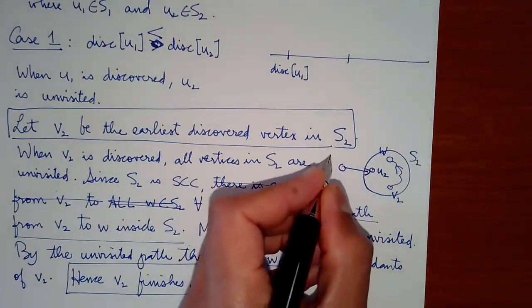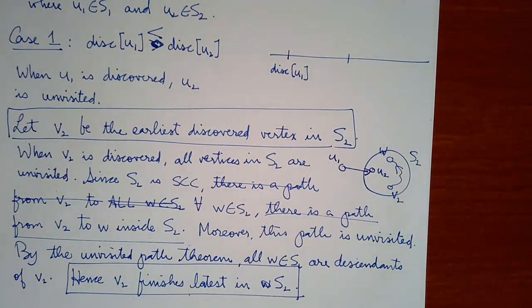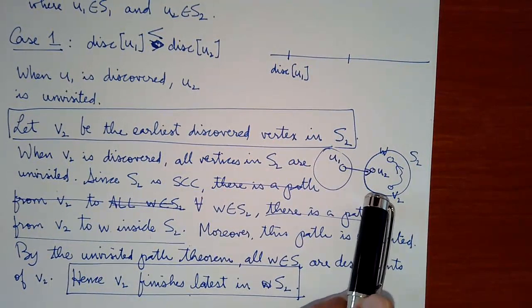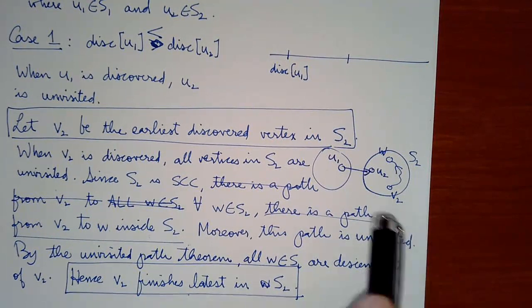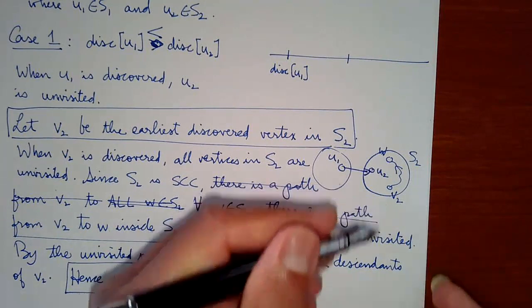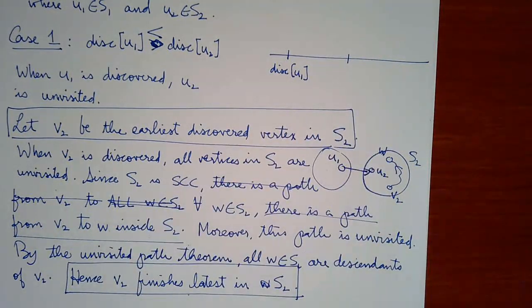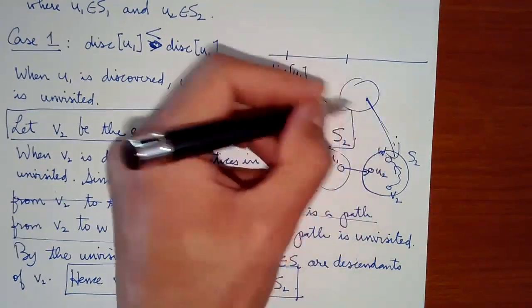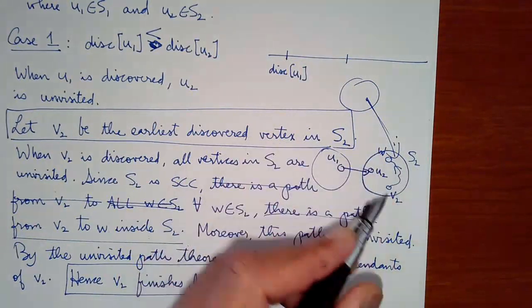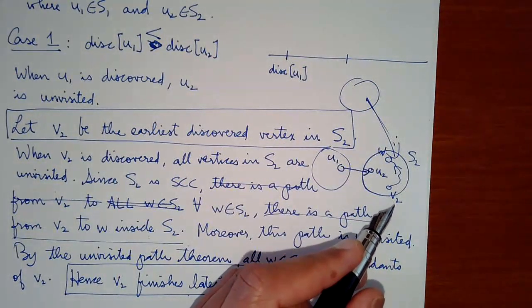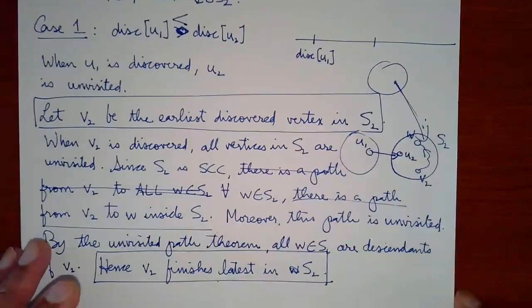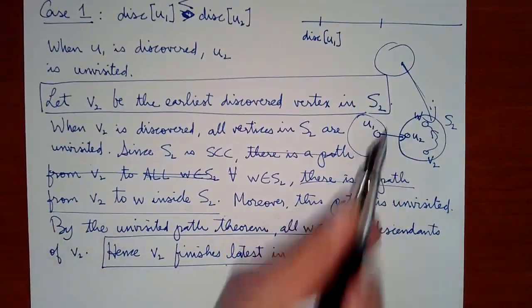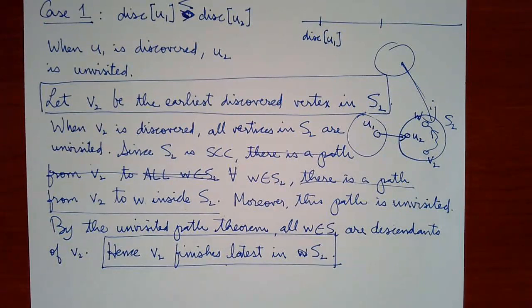But if there's an edge connecting S1 to S2, can we say U2 will always be the earliest discovered in S2? No, that is not necessarily true, because maybe there is something else out here, and then you start a DFS from there, and that's going to discover all of this. You don't know what's going to happen here, so you have to do a case analysis.